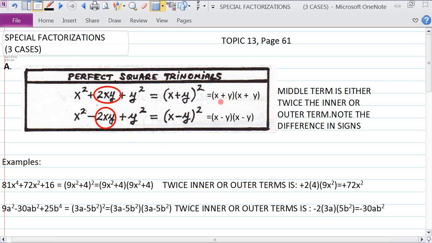So here again, first times first gives me x squared. Last times last, including the sign, gives me plus y squared. And I can take the product of these two, including their sign, multiply it by 2, and get the middle term. Same thing over here.